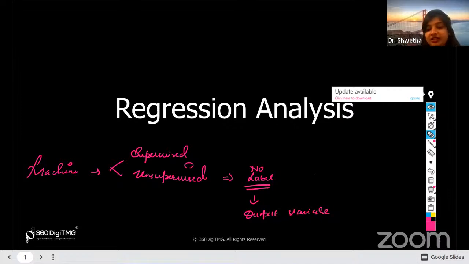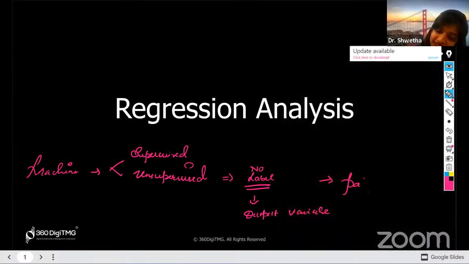So in the data, there is no label, and we are just directly giving the data to the model, and the model will try to learn the hidden pattern in the data and try to group it. So this is about unsupervised learning.